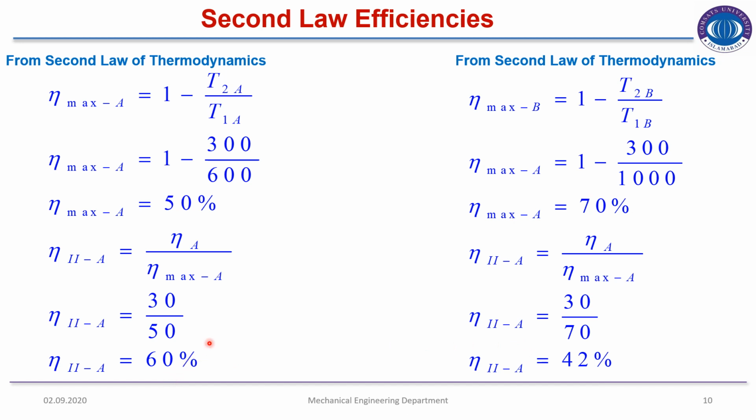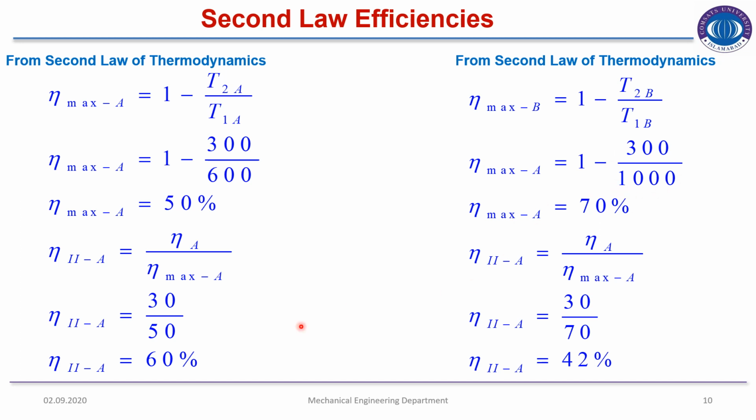So now you know that second law efficiency tells the difference. For heat engine A it is 60%, and for heat engine B it is 42%. Second law efficiency is very important because it also incorporates the source and sink temperature. Heat engine A is producing the same amount of work with a source temperature of 600 Kelvin, and heat engine B is producing the same amount of work with a source temperature of 1000 Kelvin.